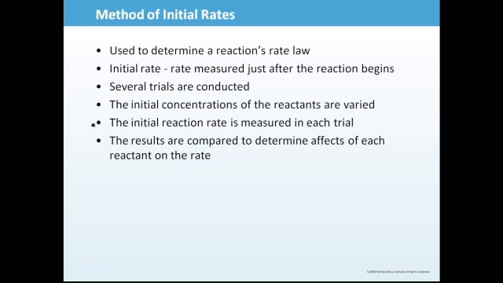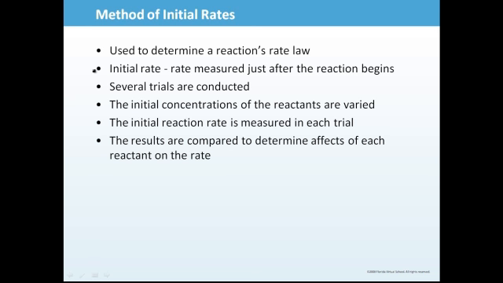So how would this work? Well, this method is called initial rates. I already touched on this a little bit. We're going to use this to determine the reaction's rate law. We always use the initial concentrations. We're measuring the initial rate right after the reaction begins.